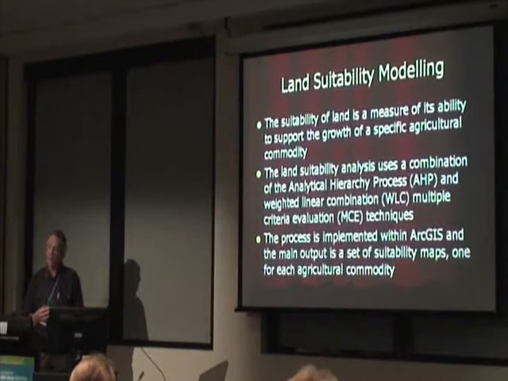That analysis used expert input through analytical hierarchy and other multidimensional weighted approaches to determine the key input factors, and the output was ArcGIS maps, one for each agricultural commodity.